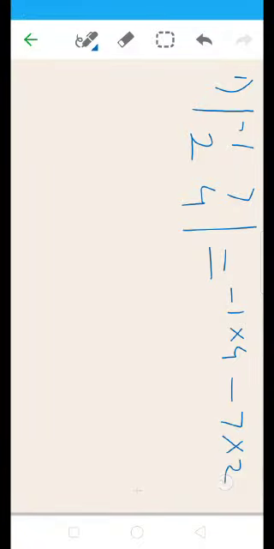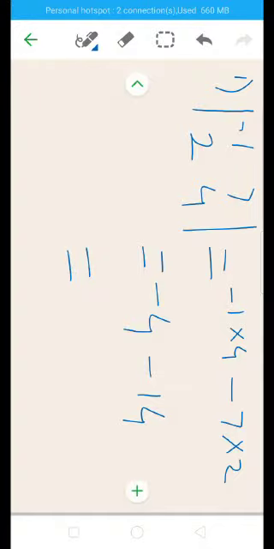Minus 7 twos are 14. Now minus 4 and minus 14 it becomes minus 18.